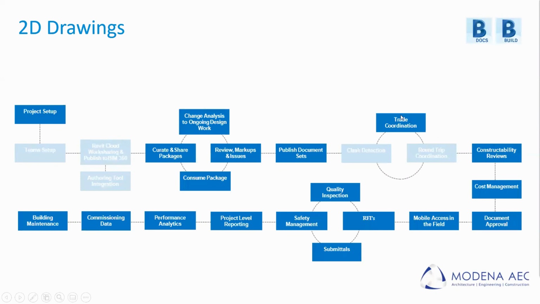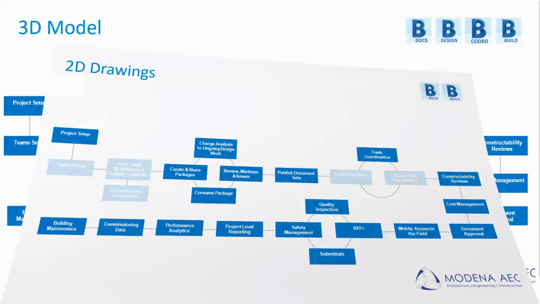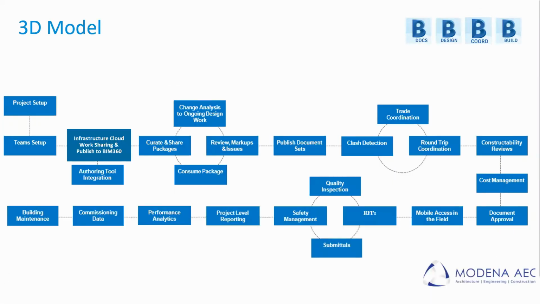Now, this is not the pinnacle. The one that we are actually interested in, in our Civil 3D environment, is having this type of functionality. We are rather interested in the 3D model plus the 2D drawings. And this can be utilized using any of these 4 packages: BIM Docs, Design, Coordinate, and Build.